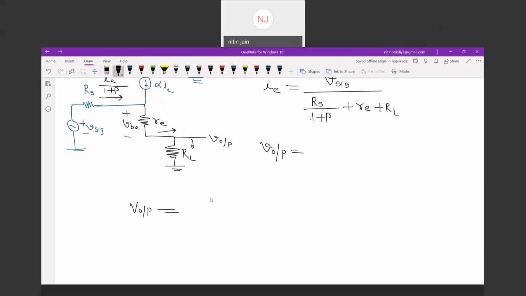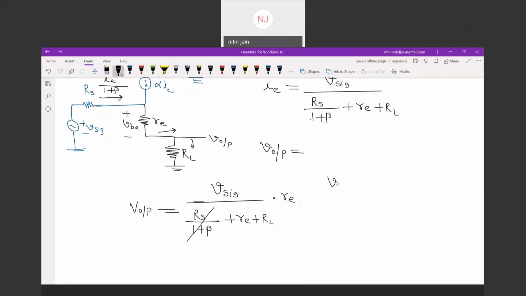So this is IE, which is V signal divided by RS divided by 1 plus beta, plus re, plus RE, plus RL, into RE. Let's say this ratio is less than 1, and this is not comparable.